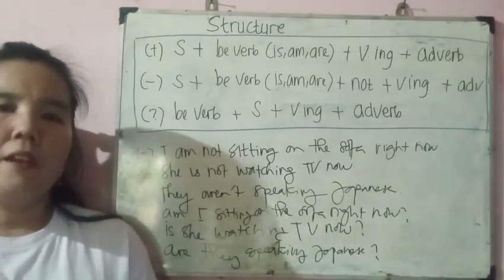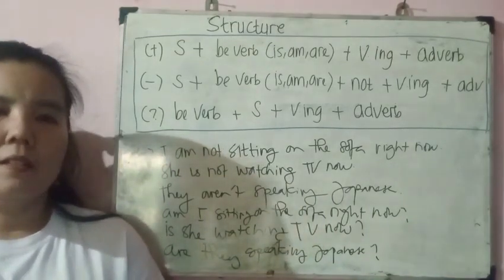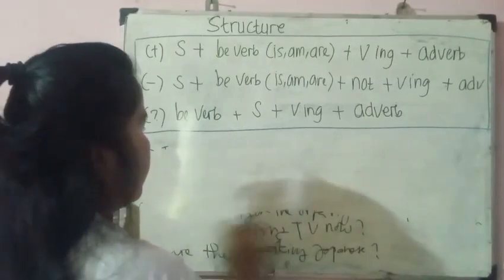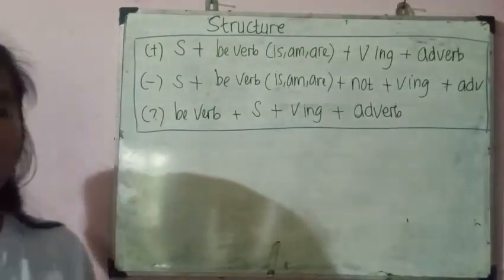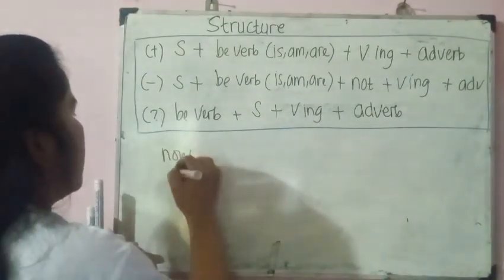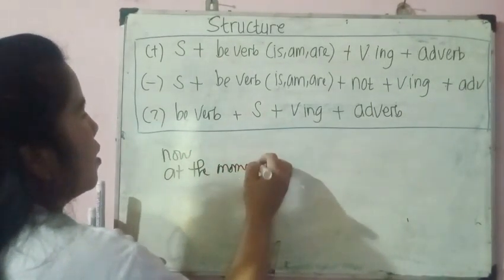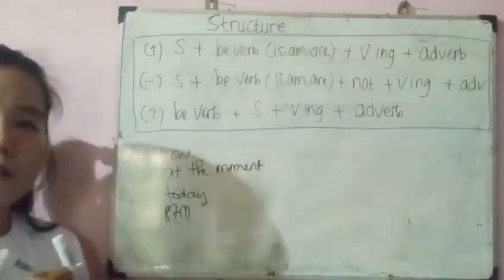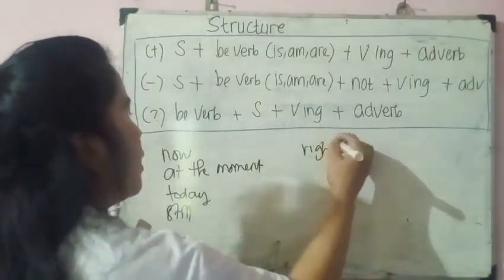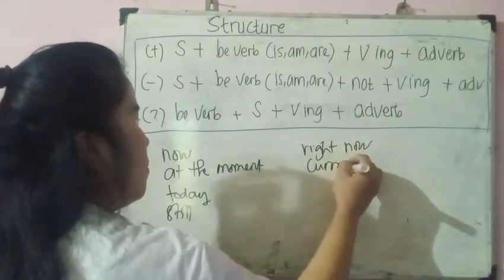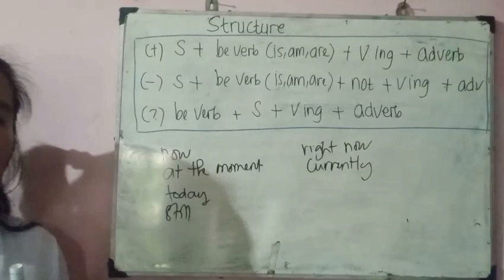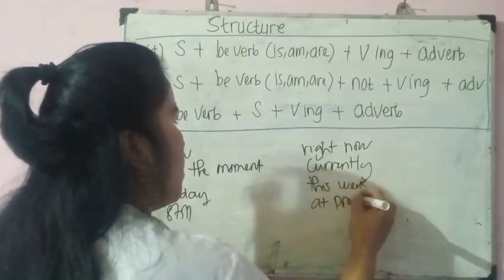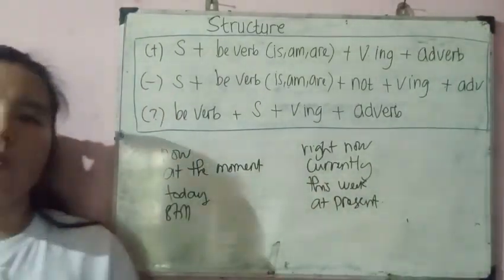Okay. And these are the adverbs of time used in the present continuous tense: now, at the moment, today, still, right now, currently, this week, at present, and so on.